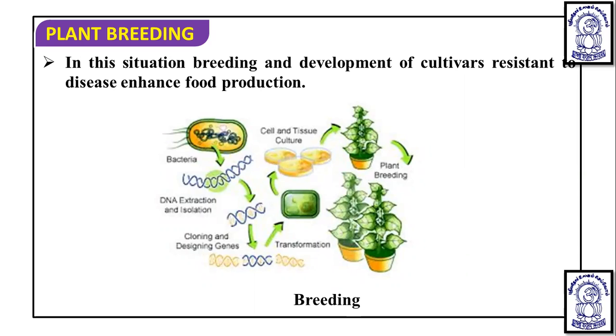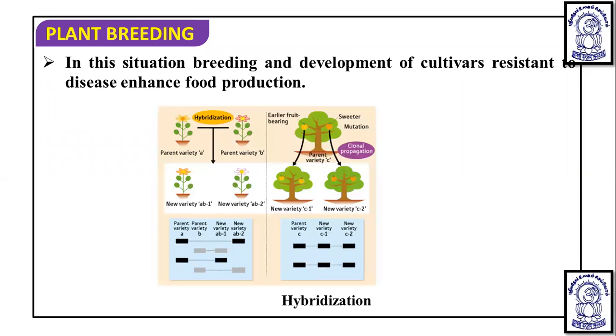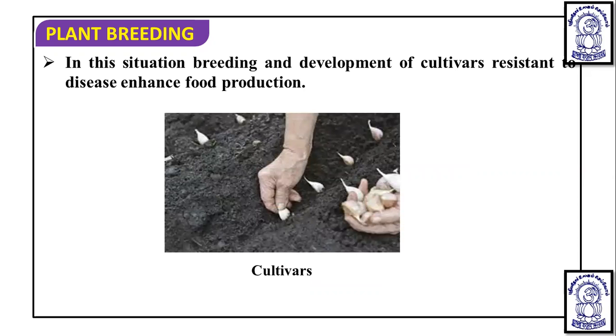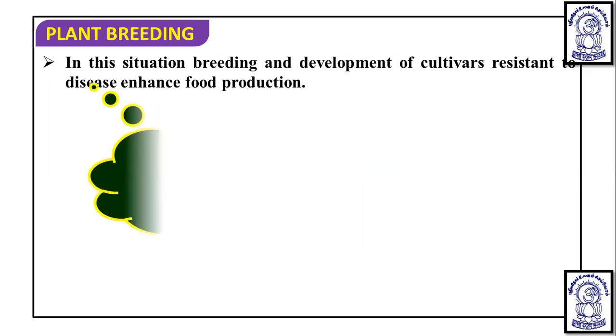In this diagram, it is genetic engineering which is shown here. Actually, it is not breeding; genetic engineering occurs like this. And hybridization, we have studied, is done with two different varieties of plant with the desired characteristics to make a hybrid which will produce the characteristic in the new generation. And these are the cultivars.